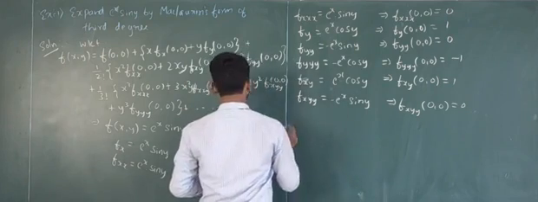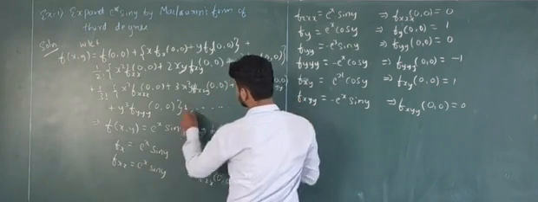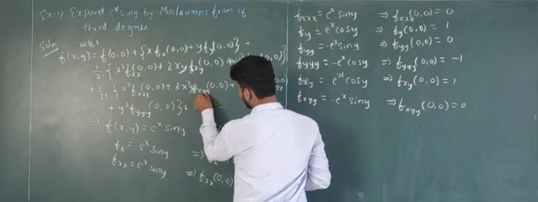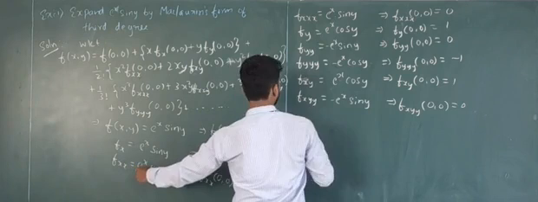Next we want the function that is 2 times with respect to x and 1 time with respect to y. Again we have to differentiate this function with respect to y.